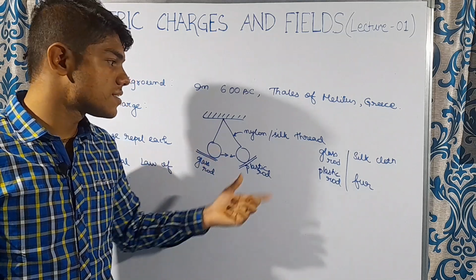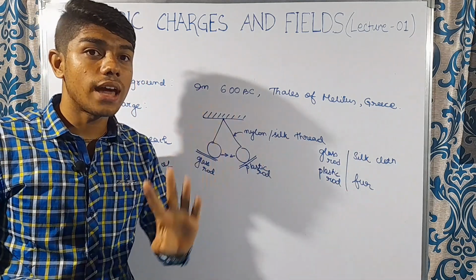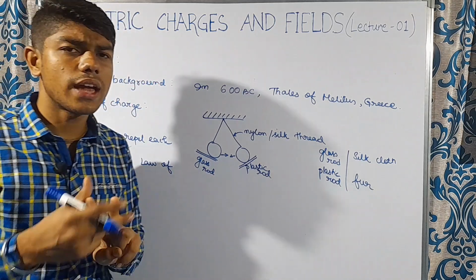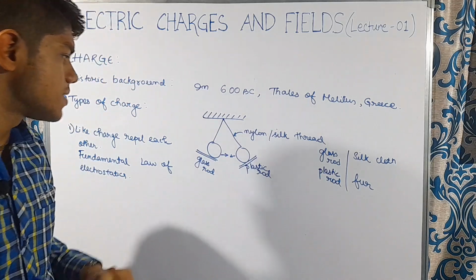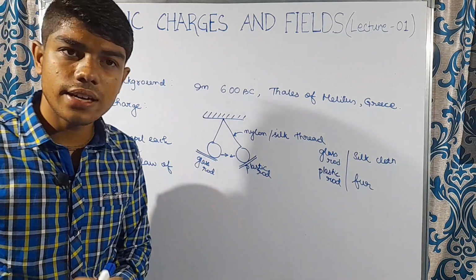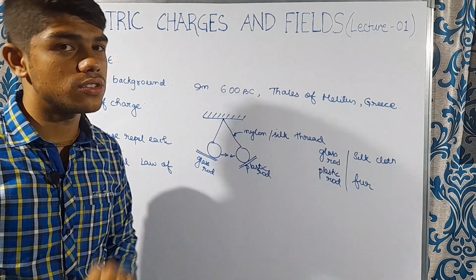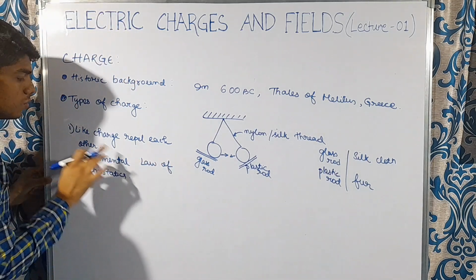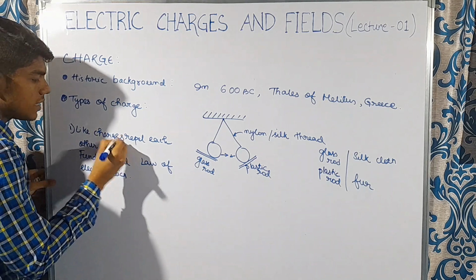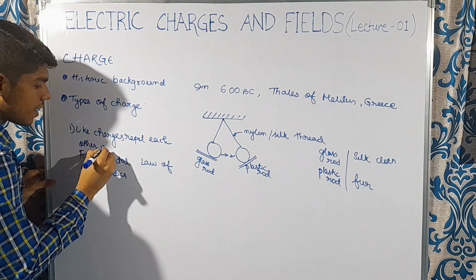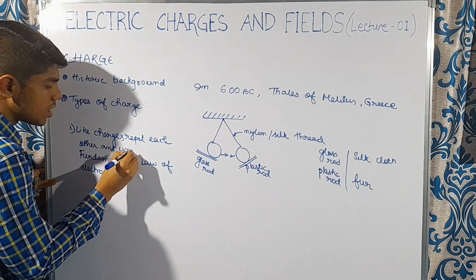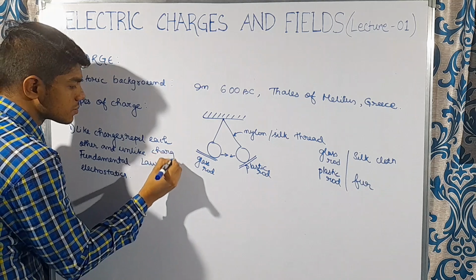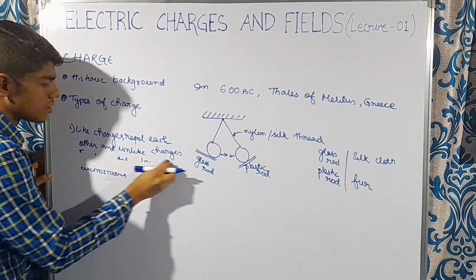Understood? So from the third step, we can come to two conclusions. One is that unlike charges attract each other. The second is that there are two kinds of charges. Here this line will continue: like charges repel each other, and unlike charges attract each other.